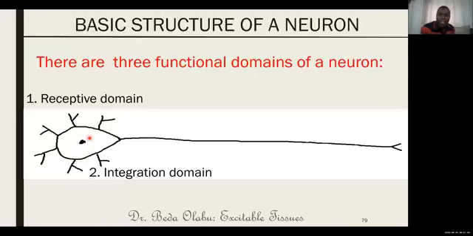And that gray matter can either qualify to be called cortex or a nucleus, depending on where it is located within the central nervous system. If it is in the periphery, the outer parts of the central nervous system, for example, in the outer layer of the brain, then you call it cortex. But if it's deep inside in the brain, you call it nucleus.